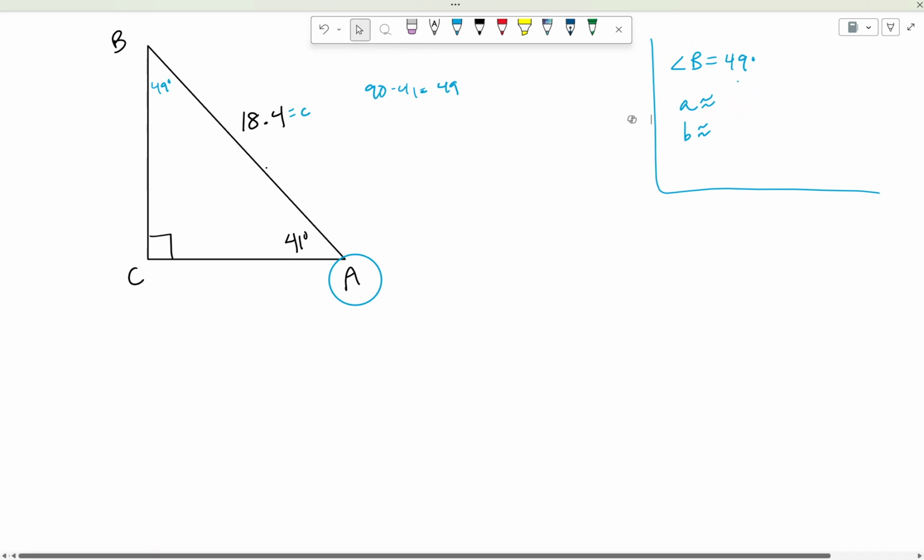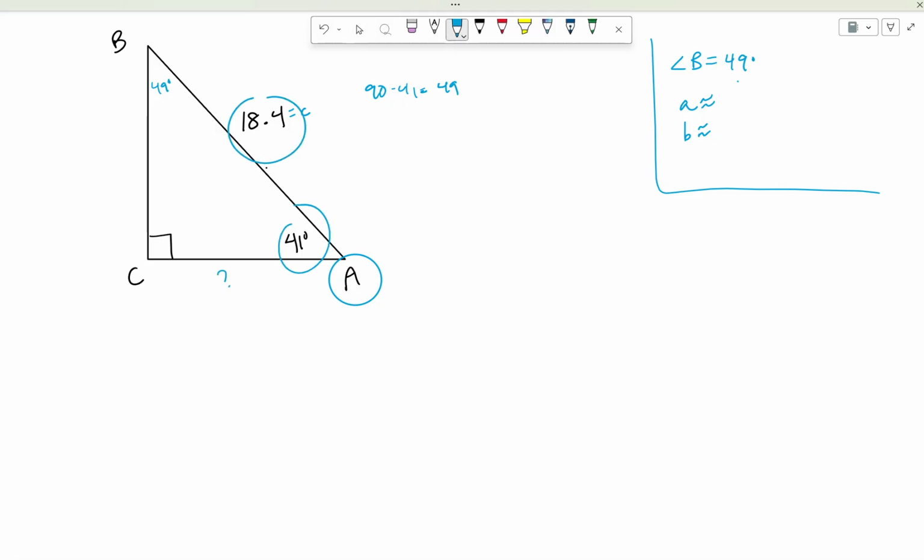Now, let's actually solve here. So from the angle A, I have this and I have this, and I want to find whatever this is right here. So this is b. So we're going to say that the cosine of 41, from the angle, is equal to that adjacent side, lowercase b, over 18.4.